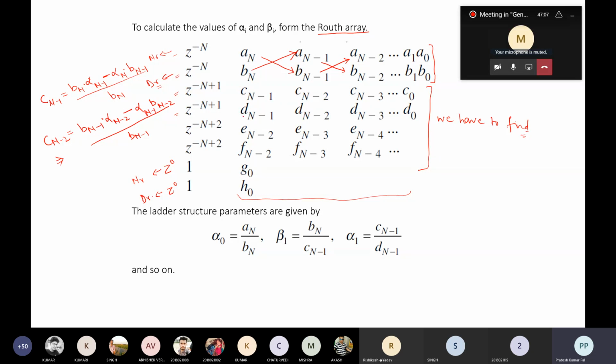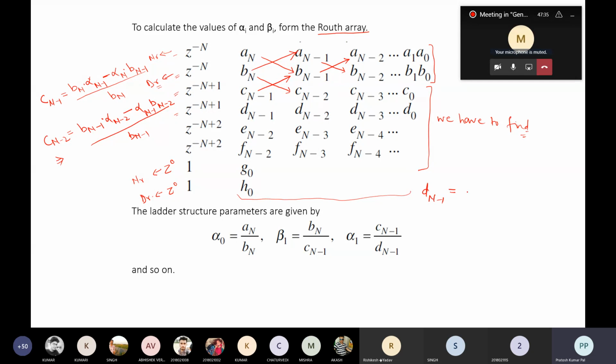Similarly, we will find the d n minus 1 value. The d n minus 1 value is found using the above values, which we have already found by using this formula, so these values are known. To find d n minus 1, we need to multiply these two and subtract the multiplication of these two.